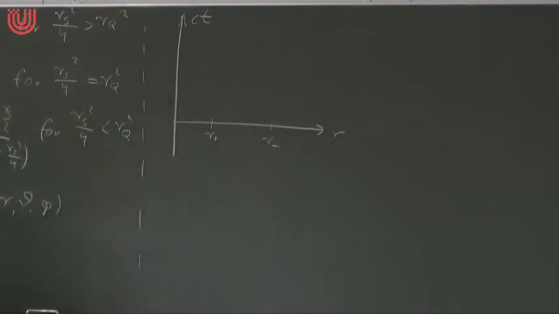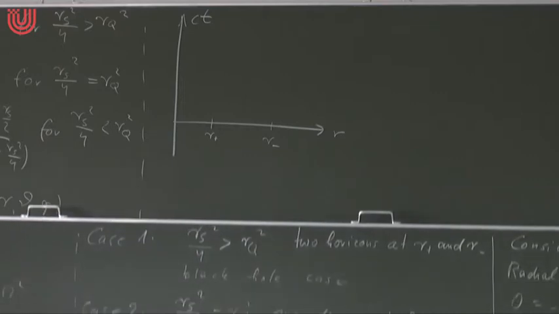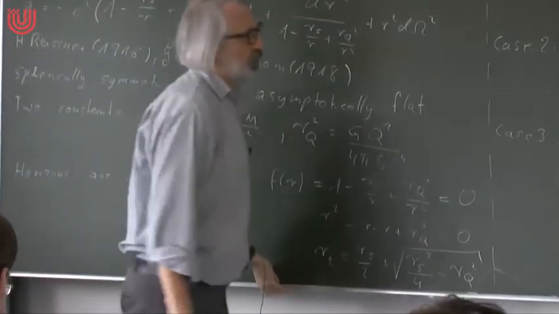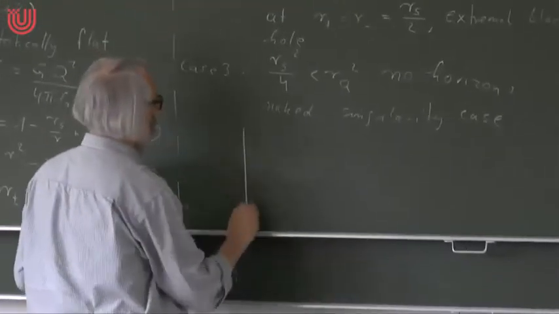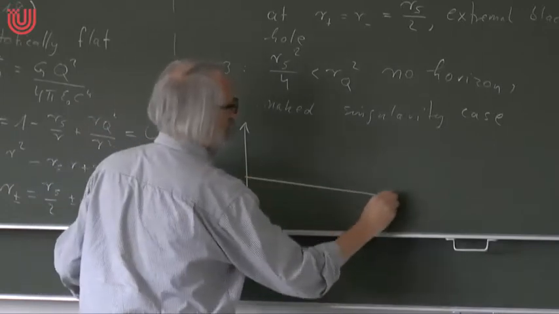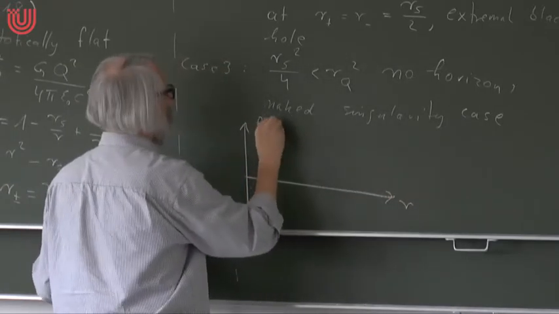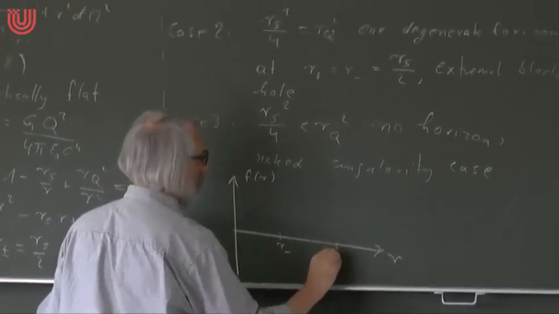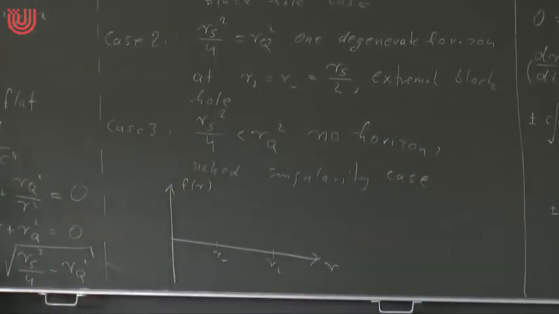Maybe I should have plotted the function f. That would be helpful. So r plus and r minus are the zeros of this function f, right? So let me draw a plot here. If I plot f of r, we know it has two zeros in case 1, r minus and r plus. And how is it behaving?